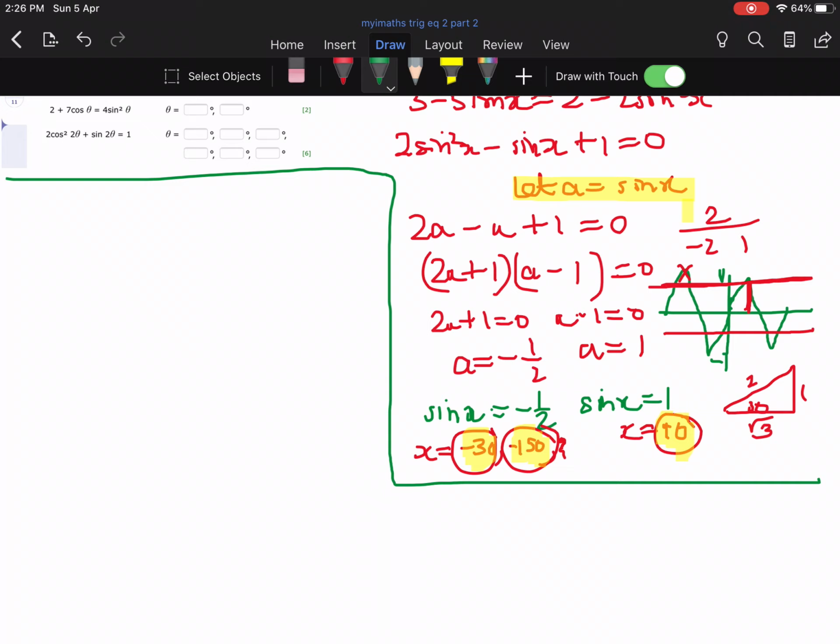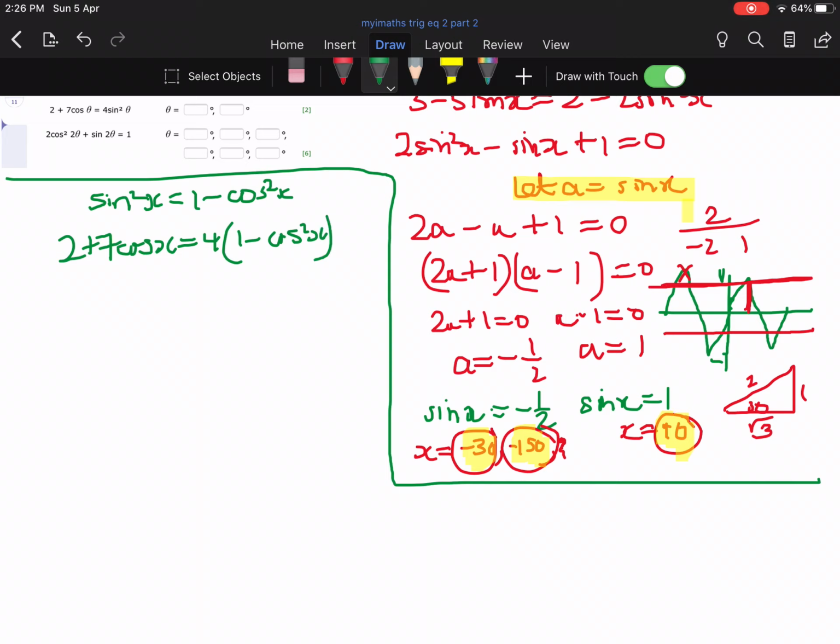So rearranging that, sine squared theta, I'm going to stick with x, is equal to 1 minus cos squared x. So that gives me 2 plus 7 cos x equals 4 bracket 1 minus cos squared x.